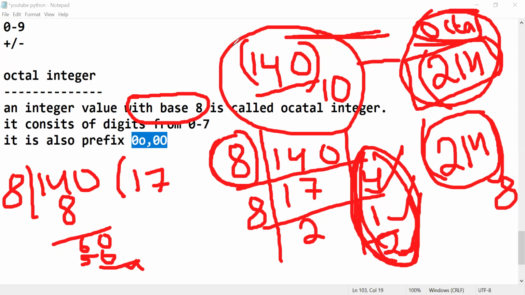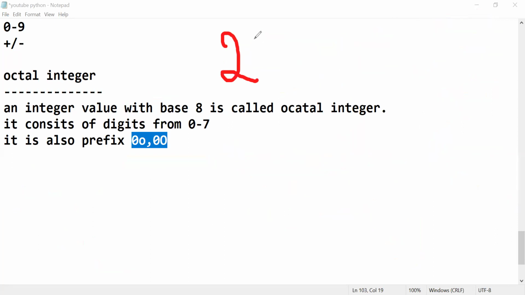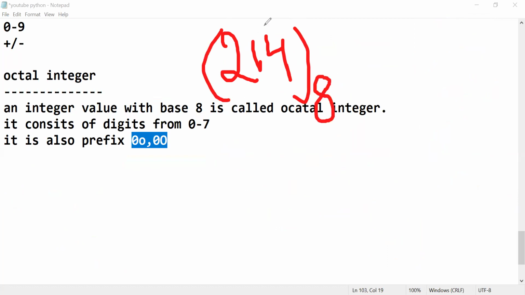Now I hope you understand what an octal integer is and what a decimal integer is, guys. Suppose you have 214 with base 8, guys. This is an octal number, right?